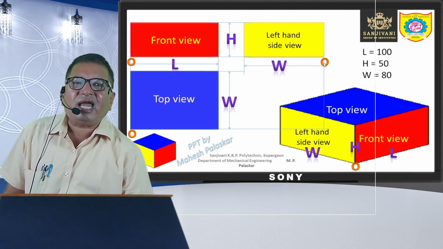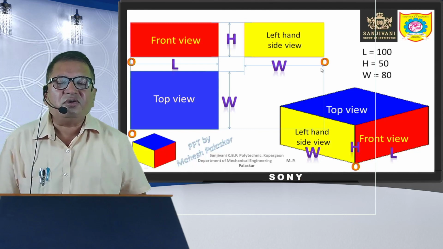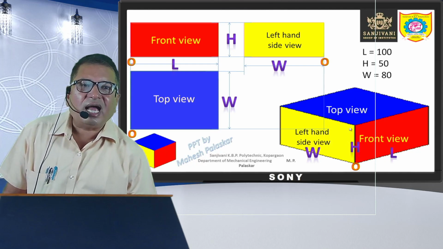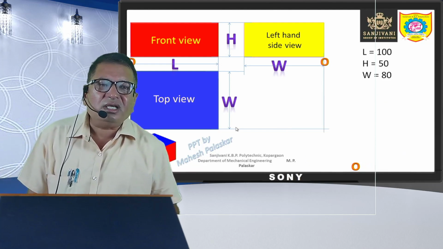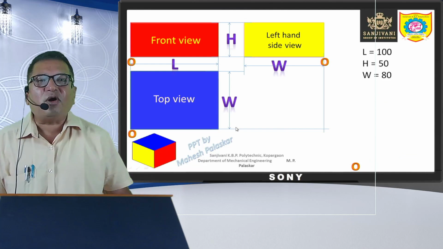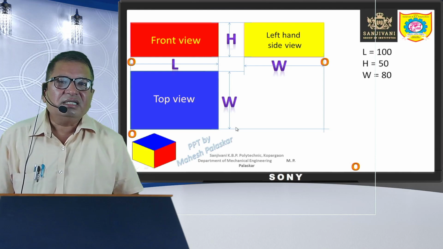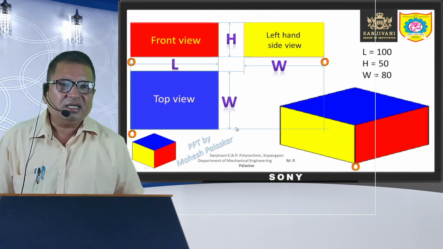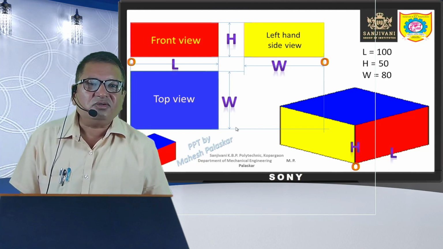So this is given, and from this you have to draw the isometric projection, which is shown here in this picture. Whenever you draw the isometric projection, you start from the point O, that is the origin, and the length, say to the right of the point O, is drawn at 30 degrees to the right, and the width is drawn at 30 degrees to the left.